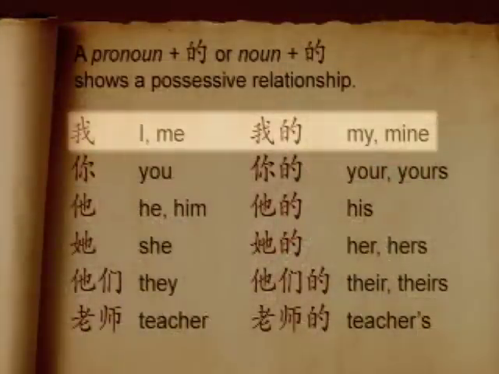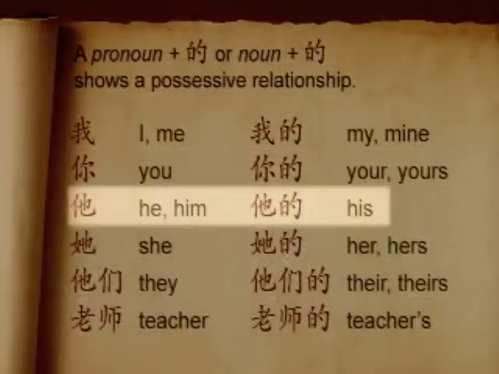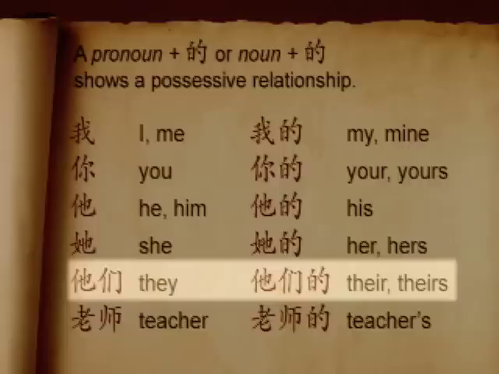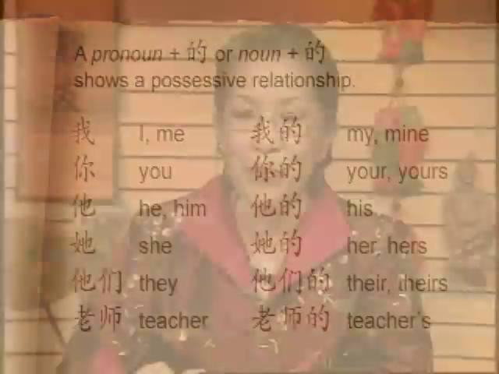We talked about the possessive particle 的 and how it shows a possessive relationship when it's added to nouns or pronouns. 的 functions in a similar way to the apostrophe s in English.